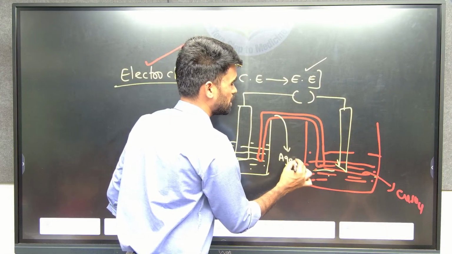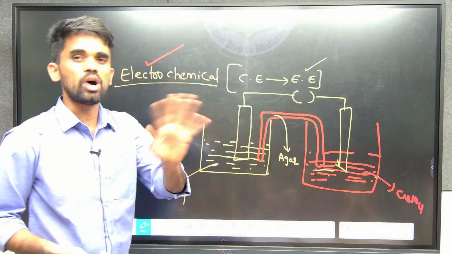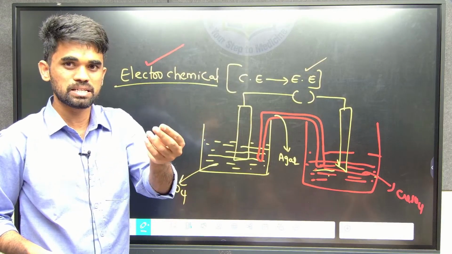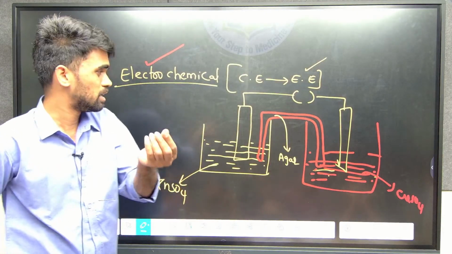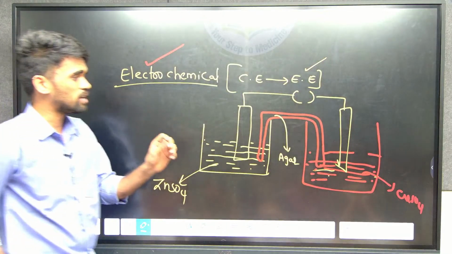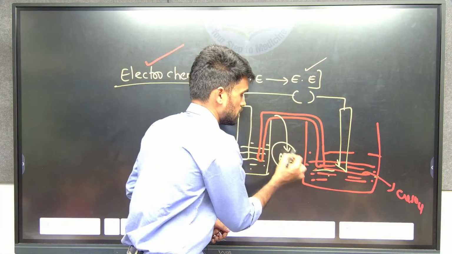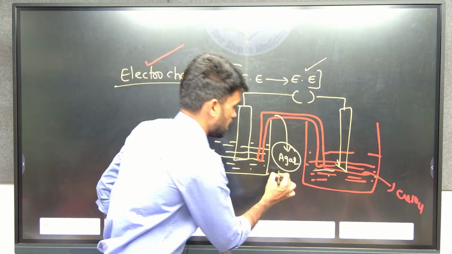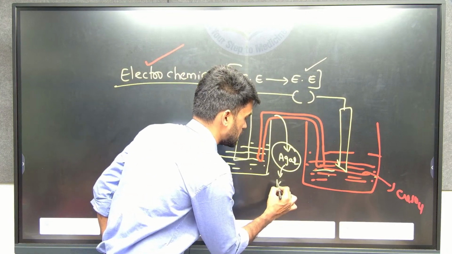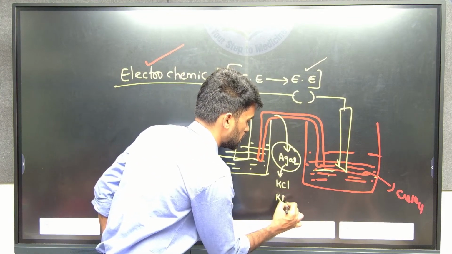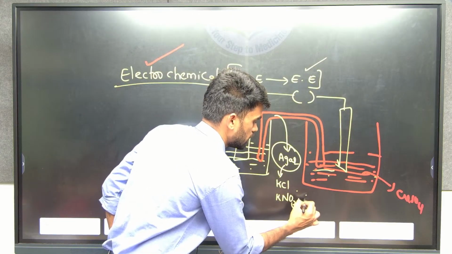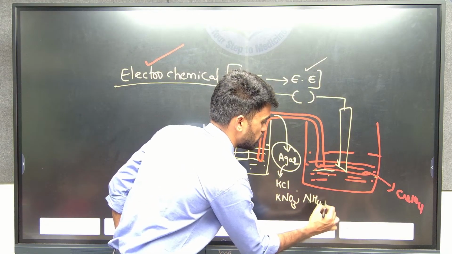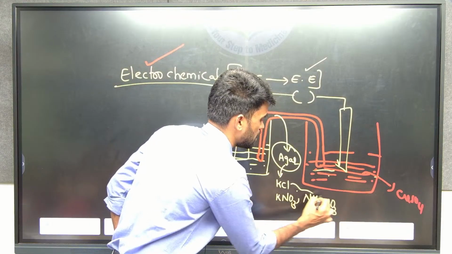See, what do we mean by this? It has no ions in it. It's like a jelly substance, might be something like some powder. That will be mixed with inert electrolytic solutions like KCl or KNO3 or ammonium nitrate, NH4NO3. Sir, why are we specifically using only these solutions?